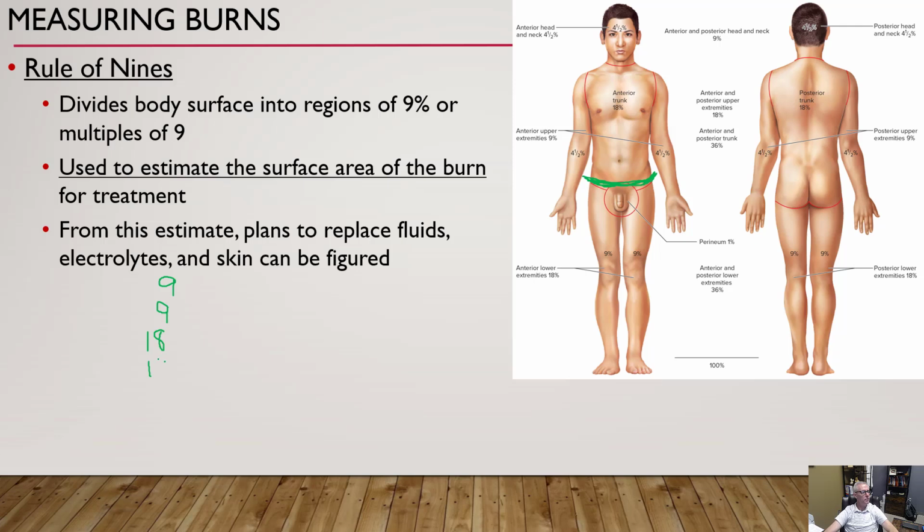The back would be 18, and the head would be 9. So 1, 2, 3, 4, 5, 6, 7. 9 times 7 is 63%. Does that make sense? All right.